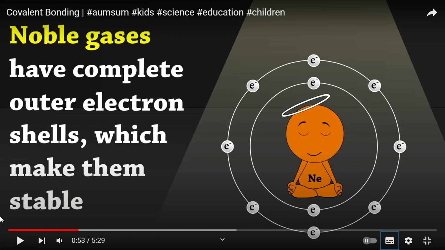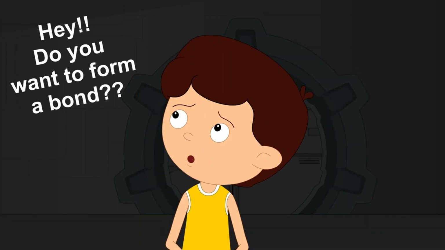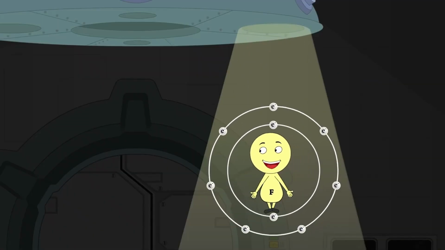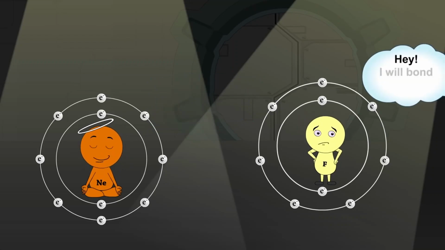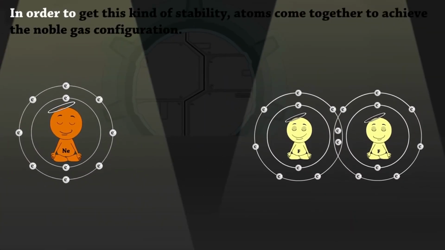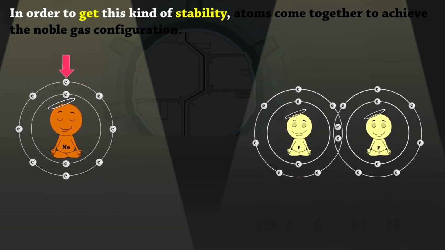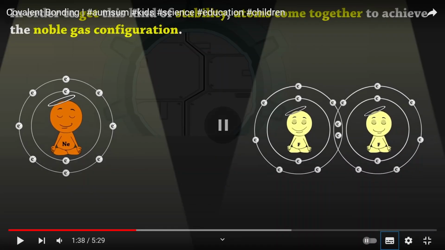But here we're going to put non-metals with non-metals. So in order to gain this kind of stability, other non-metal atoms come together to achieve this noble gas configuration. And when we say configuration, we mean the arrangement of electrons.